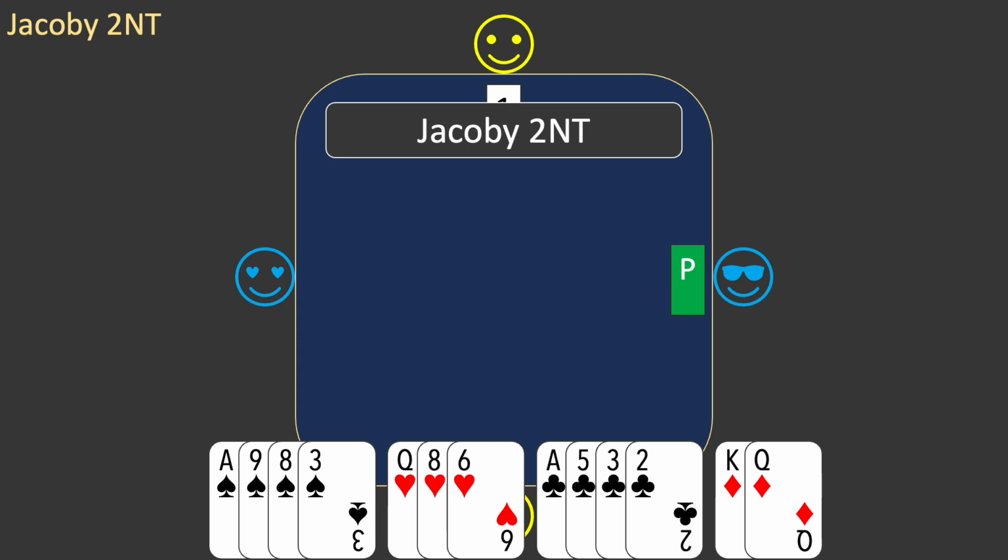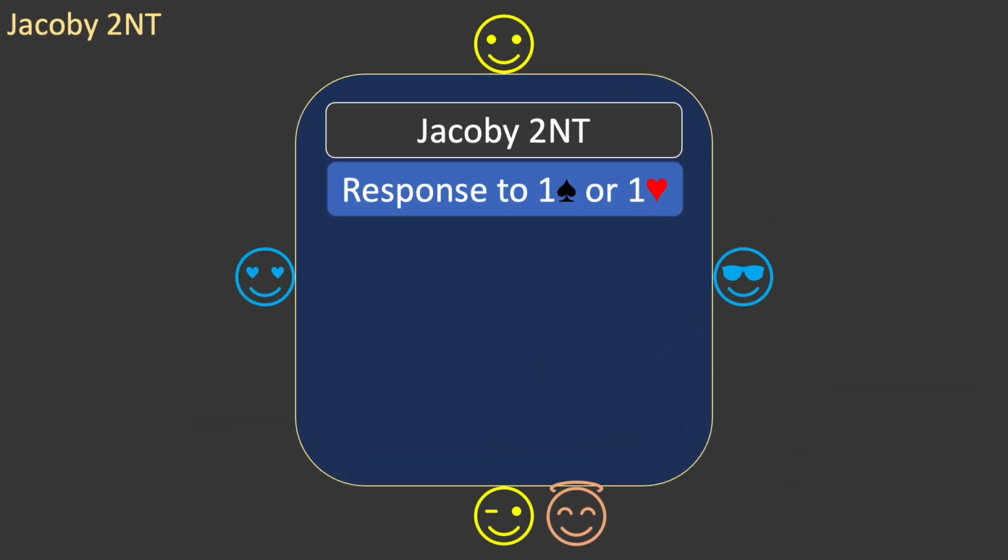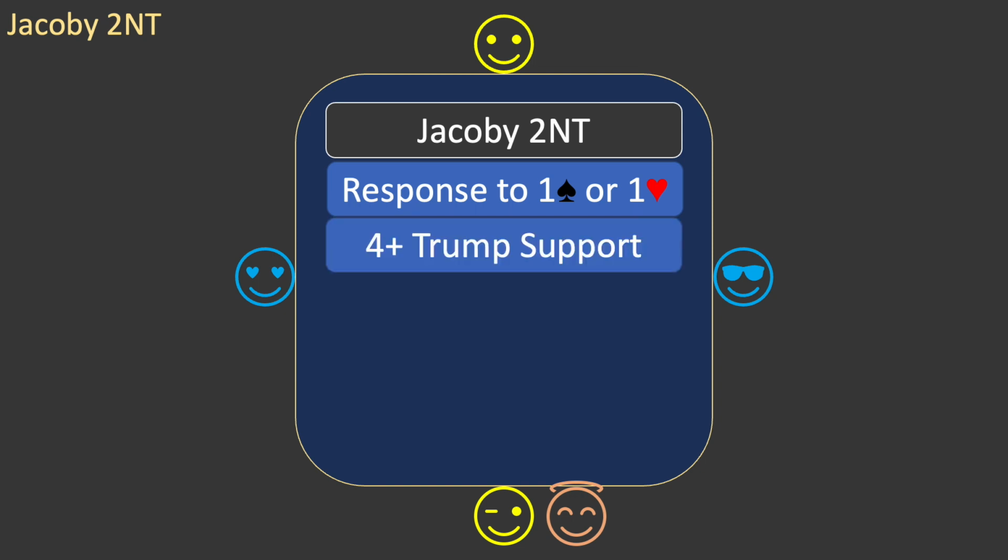Let's look at the rules for using this convention. First, the Jacoby 2NT can only be used in response to partner's opening bid of one of a major, that is, 1 spade or 1 heart. Second, you need 4 or more trump support for partner's suit.